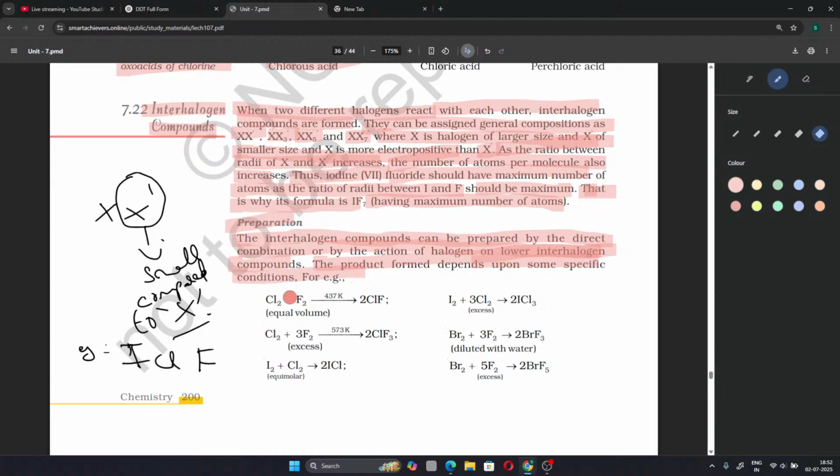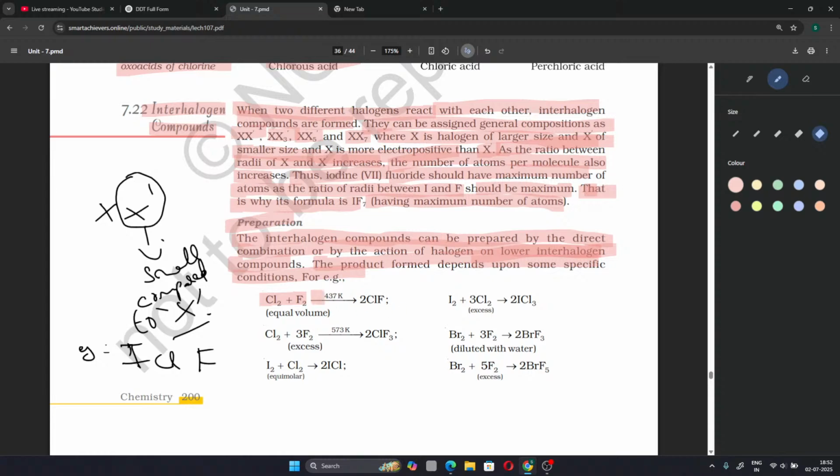For example, in this direct combination of Cl2 and F2, the size is not much different. There is a difference, but as there is only one period difference, the size difference is smaller. Fluorine and iodine have the highest size difference.